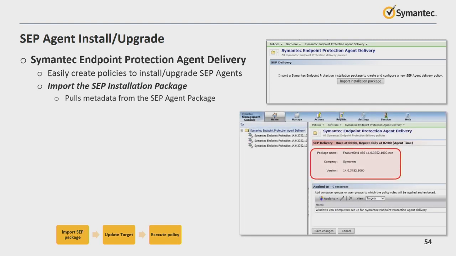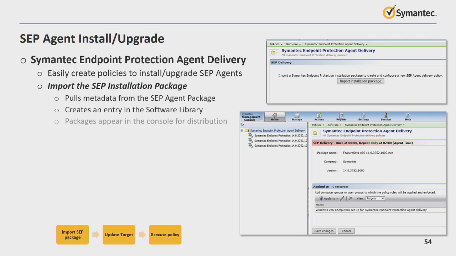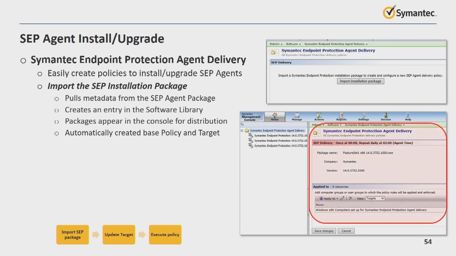Okay, it pulls all the metadata out of that file, puts it into a policy, with all of the versions and everything else. It automatically puts it into the software library as a deliverable piece of software. It appears in the console so I could pick them and run them anytime I want. And it also creates the whole policy for me.